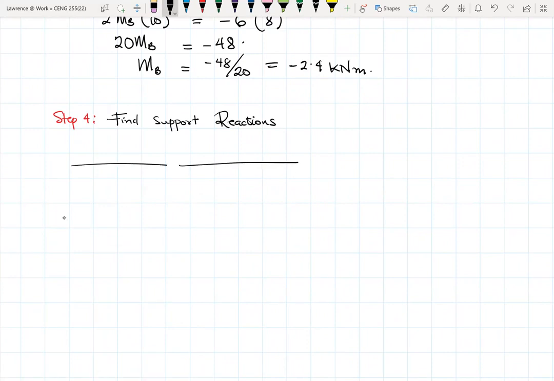So this is AB and then C. So I'm breaking my spans into 2. So this is C. All right. So I need to find VA. I need to find, let's say, VB1, and then find VB2, and then find VC.